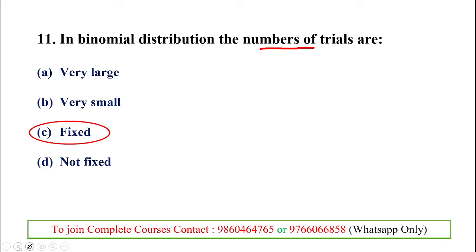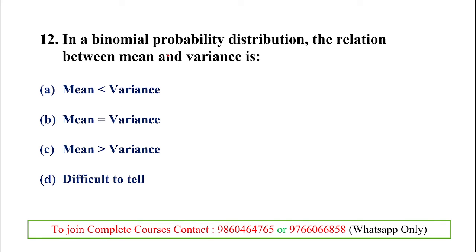Next question. The relationship between the mean and variance in a binomial distribution. Whether the mean is less than variance, or mean equal to variance, or mean greater than variance, or it's difficult to tell.